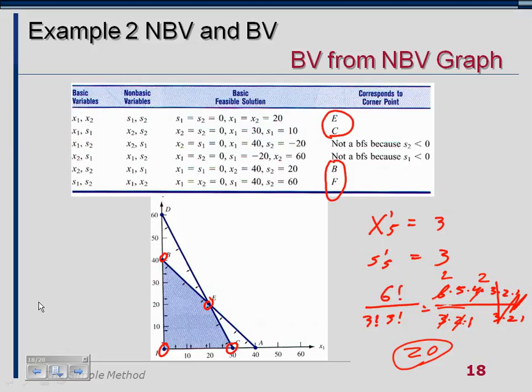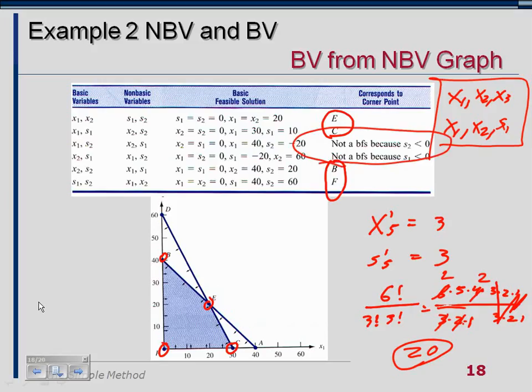Now all you'd have to do is say, well, x1, x2, x3, and then let all of our s's be equal to 0, then x1, x2, or say s1, like this, and just look at all 20 points. And they would all be a corner point solution. Some of them would be feasible. Some of them would not be because of this right here.